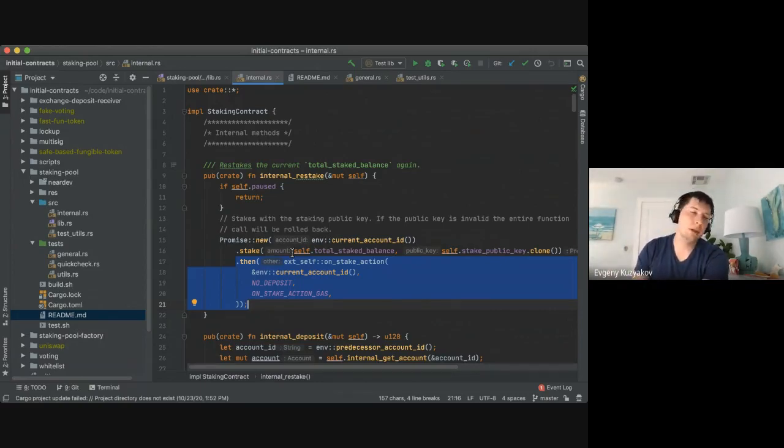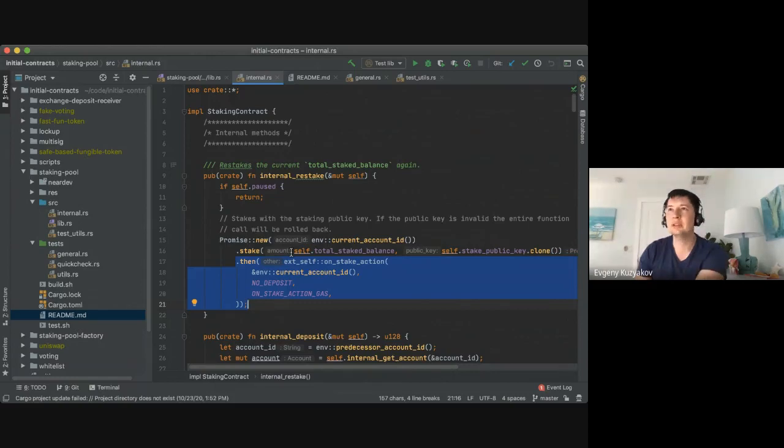But we also introduced the minimum stake on the protocol level. So minimum stake is 1/10 of the amount of the last seat price. And if your contract tries to stake less than this, then the action will fail and you will not send the promise.